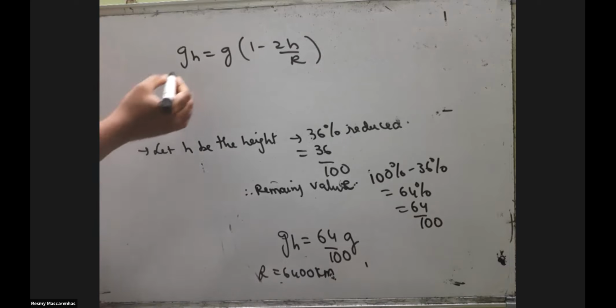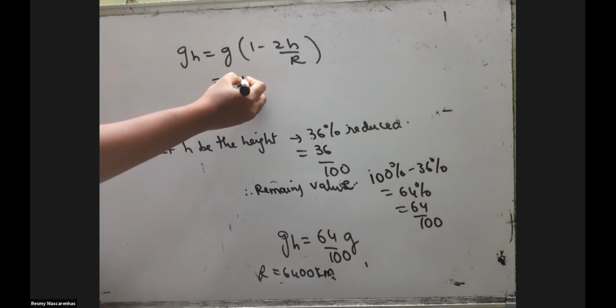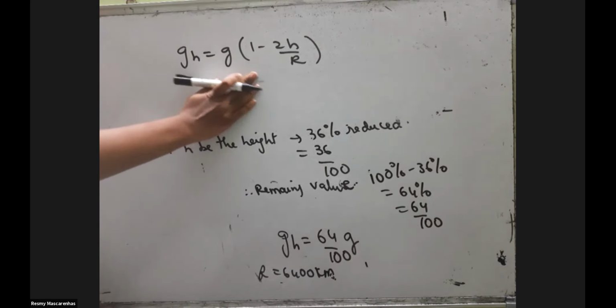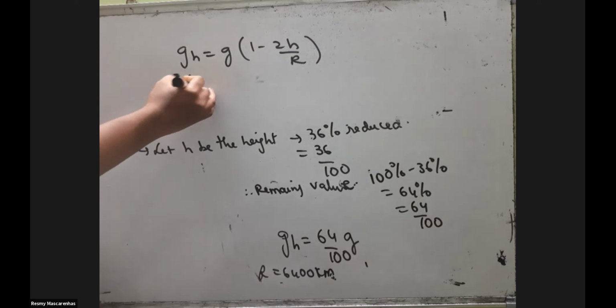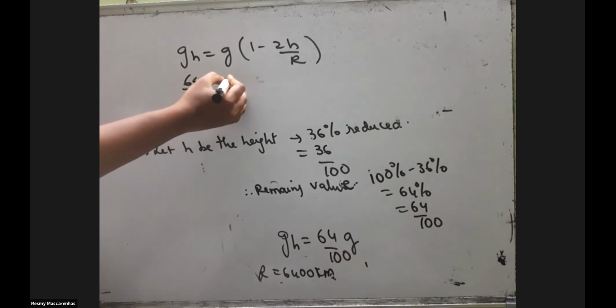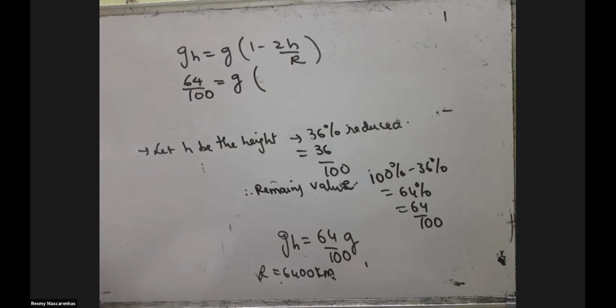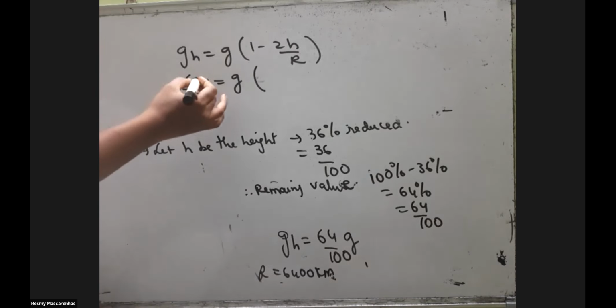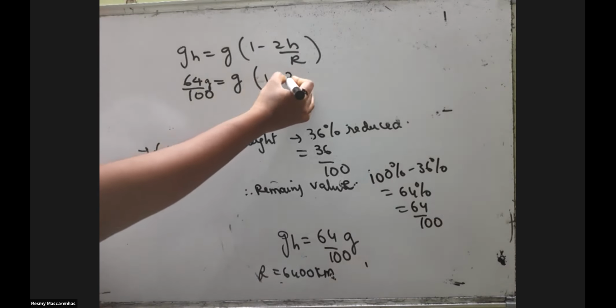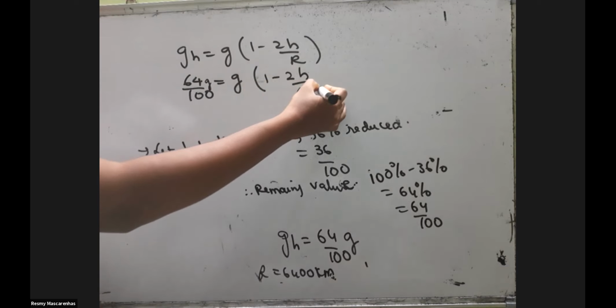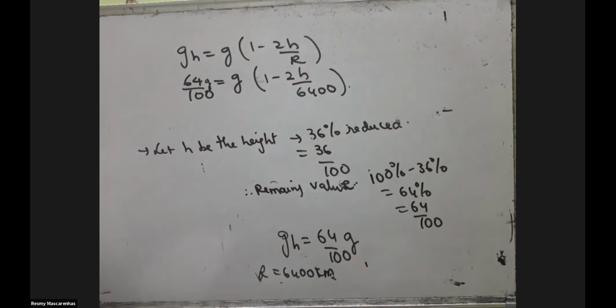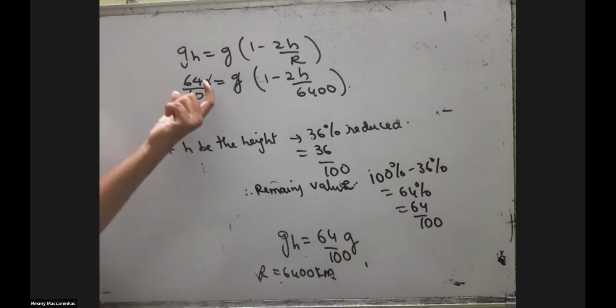gh you can directly substitute, 64 upon 100 times g. Both the sides there will be g, 1 minus 2h upon 6,400. So now g and g will cancel. Instead of gh, I have used this form.